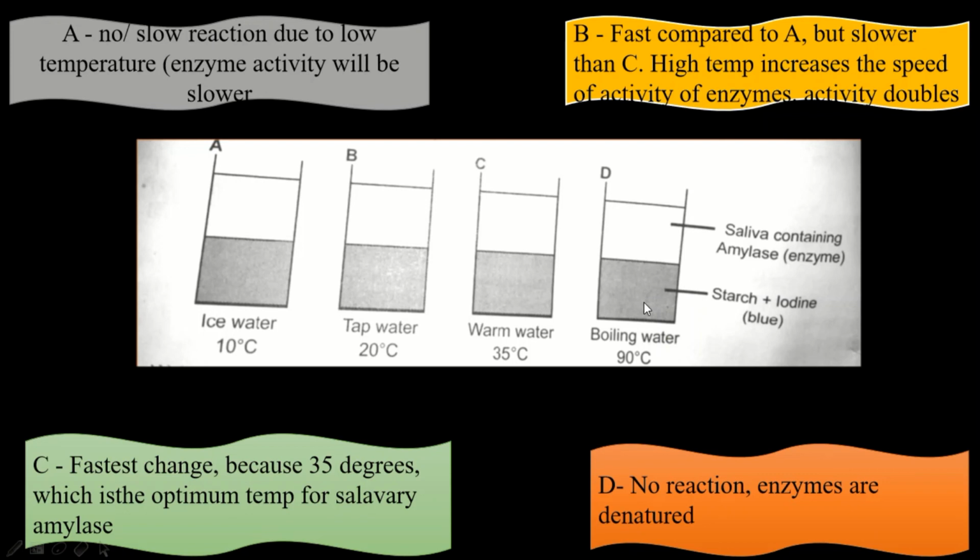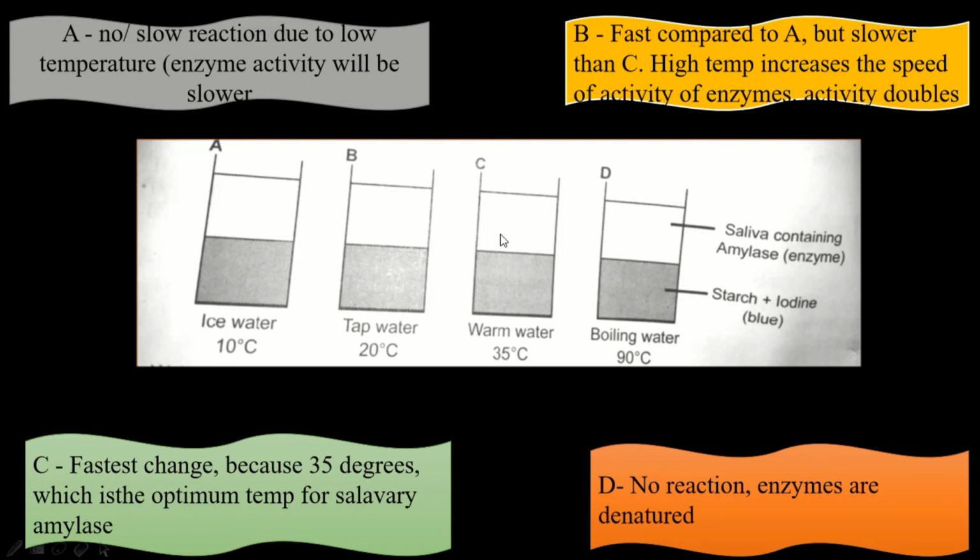And then lastly, the objective said: is it true that enzymes tend to work best at their optimum temperature? Which is true. We are seeing that when amylase is at an optimum temperature, which is in test tube C, these enzymes are working best.